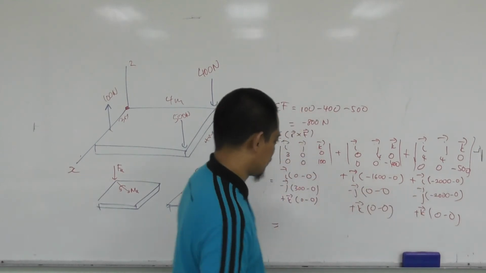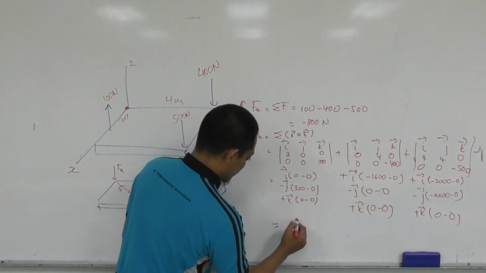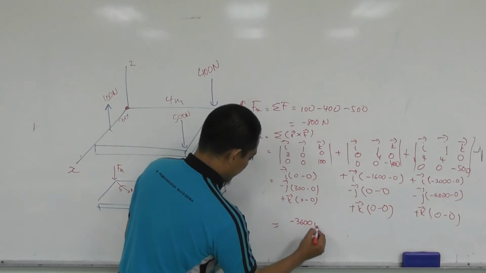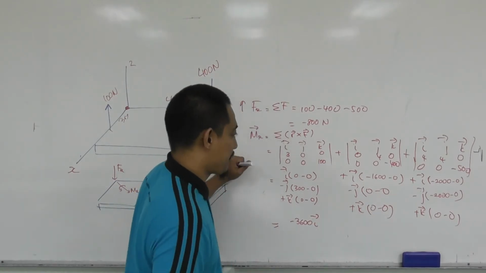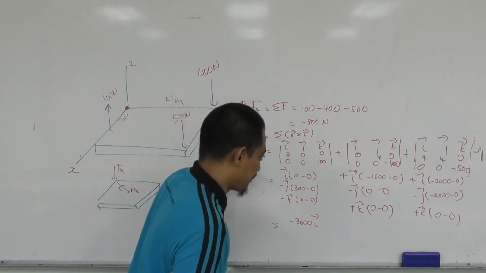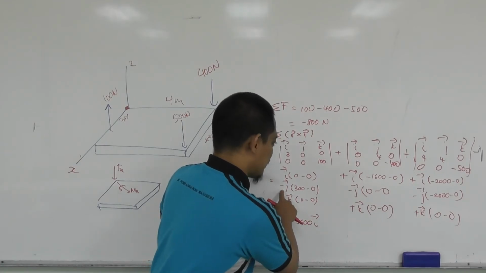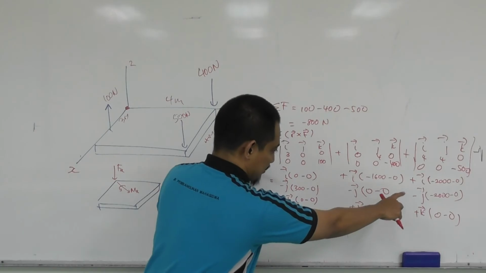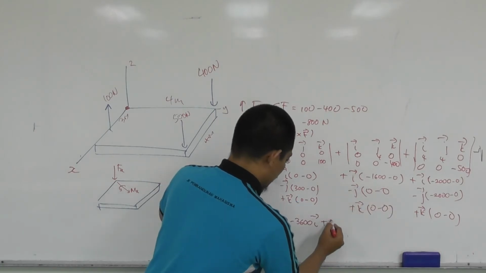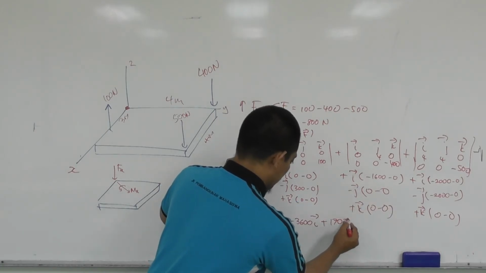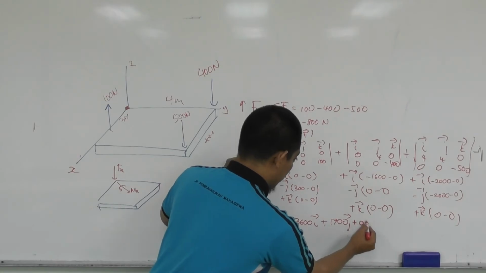From here, you will see that for i you get minus 1600 minus 2000, so minus 3600i. And then for j you get minus 300 plus 2000, so plus 1700j, of course plus 0k.